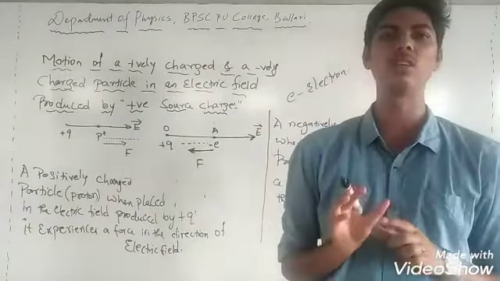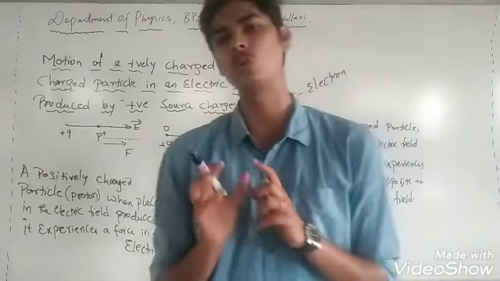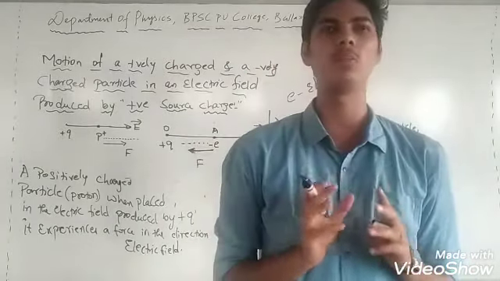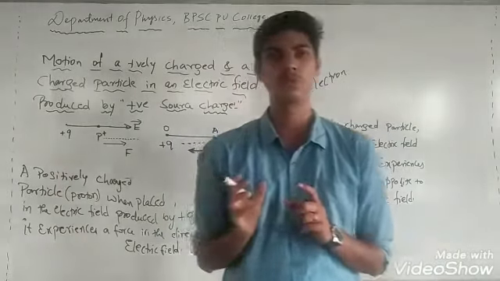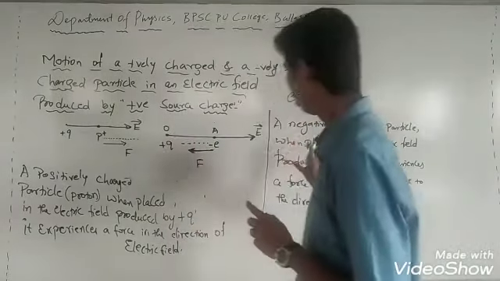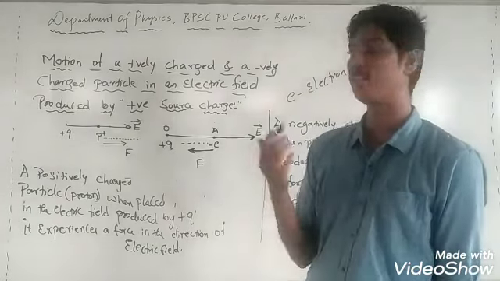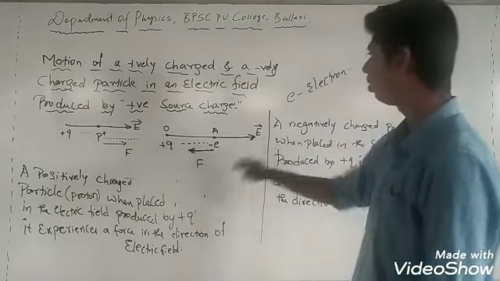Throughout our discussion of electrostatics, we will be studying only the electric fields produced by plus Q maximum number of times. We will not have much discussion regarding the electric field produced by minus Q. So just remember that the motion of positive and negatively charged particles in the electric field produced by a negative source charge will be exactly opposite to this case.